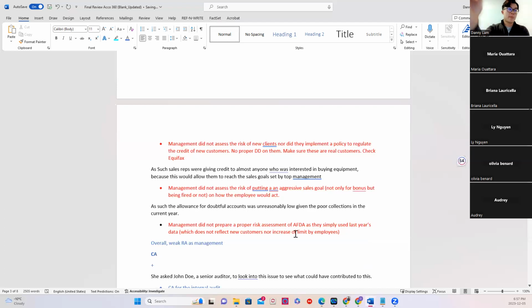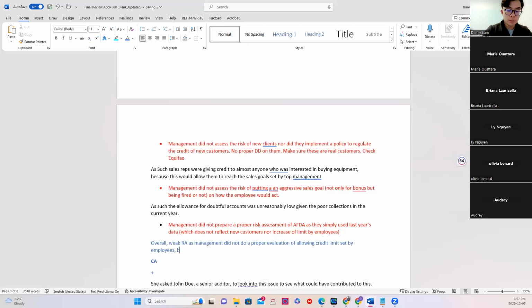Management did not do a proper evaluation of allowing credit limits, booking, and their new policy of bonus slash firing.